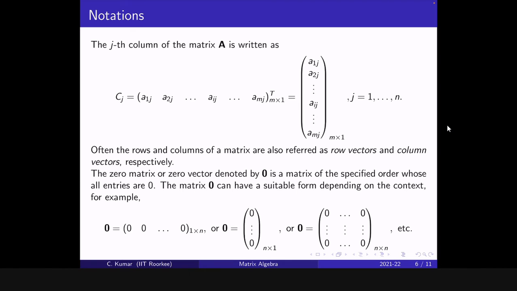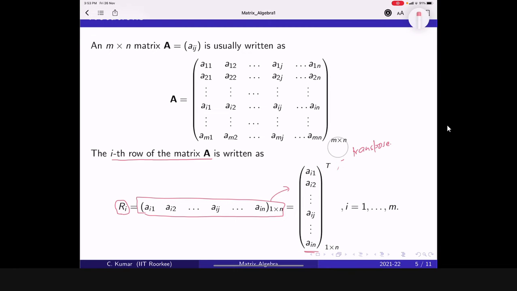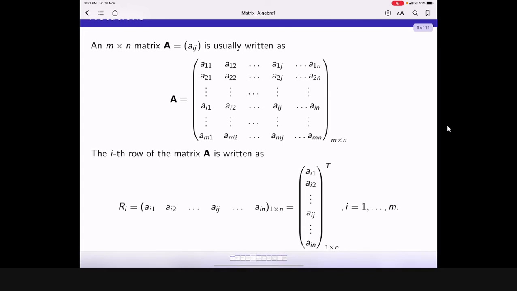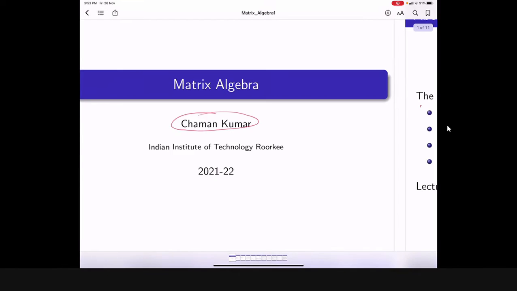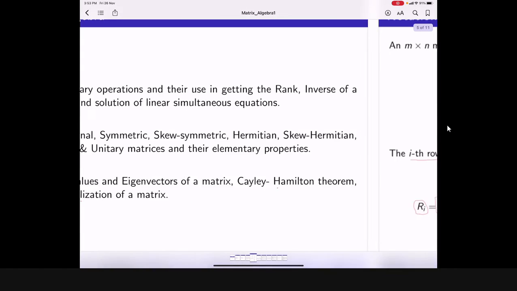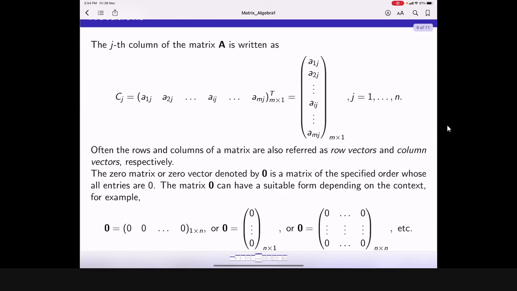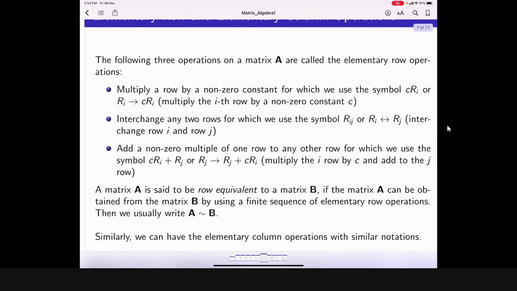Do I have any other student having the same problem? Can you see the screen when I move? Yes, sir.